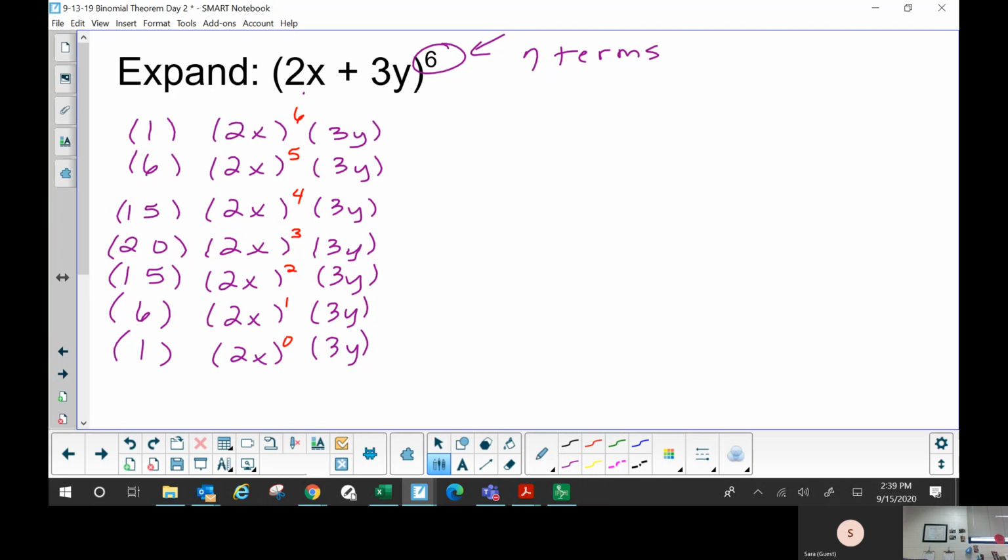And then start at 6 again and work your way up. 6, 5, 4, 3, 2, 1, 0. All right.